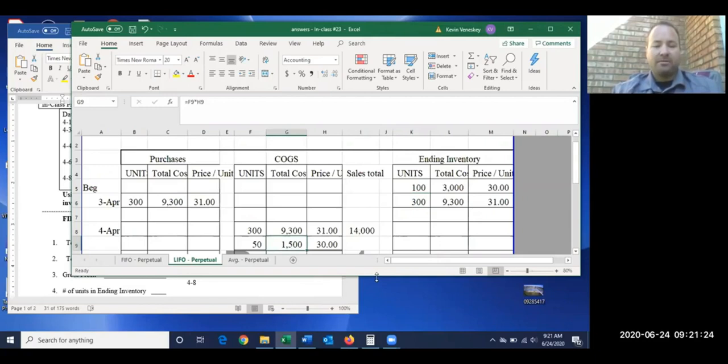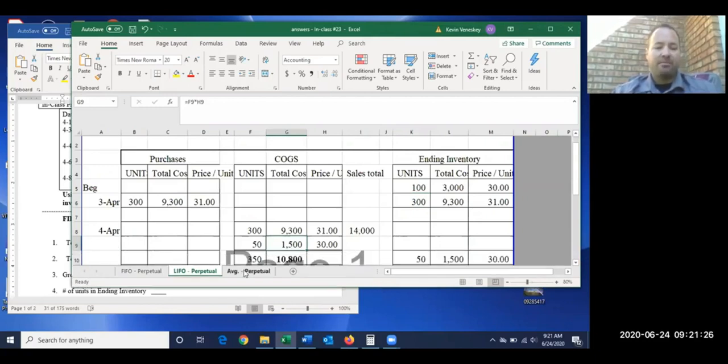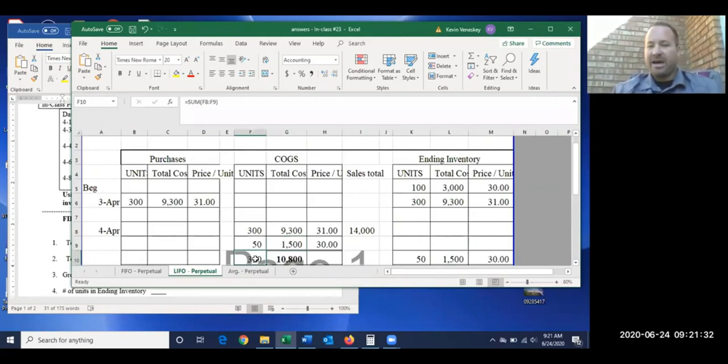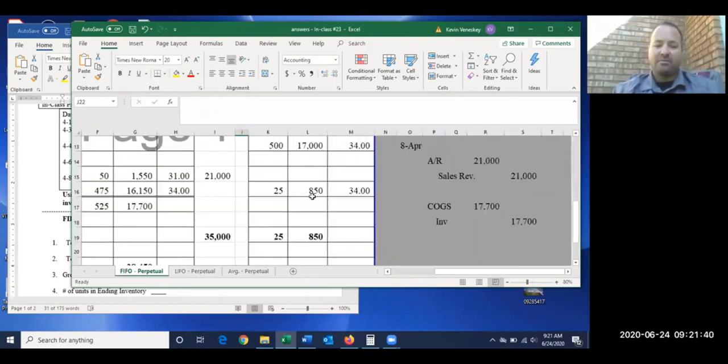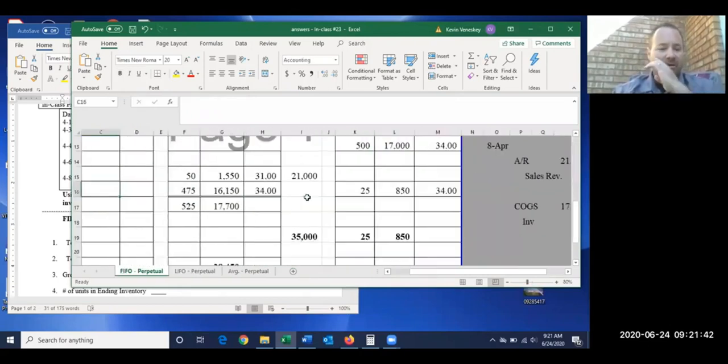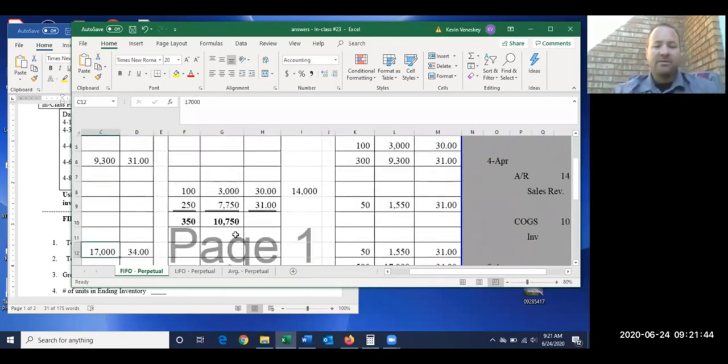So when I come down and add everything up to get ready to do my journal entry, I now have the 350 items, still the same number of items. The only difference is they now cost me $10,800 instead of, remember before it was $10,750.